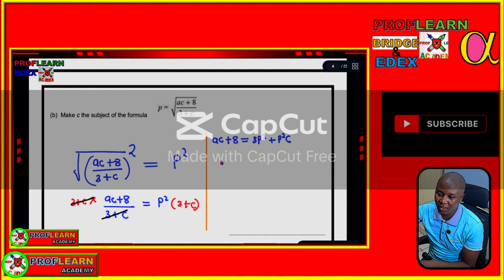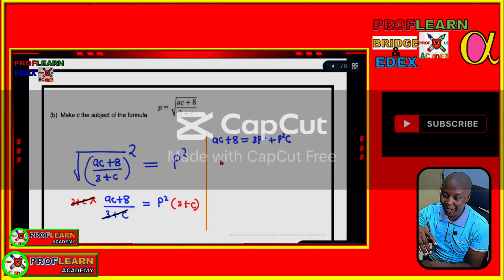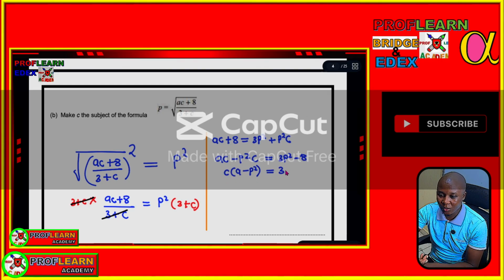Since we have those terms which have c on both sides, we are going to put those terms with c on one side, so that we can factor c out, and in this case we shall have minus 8.